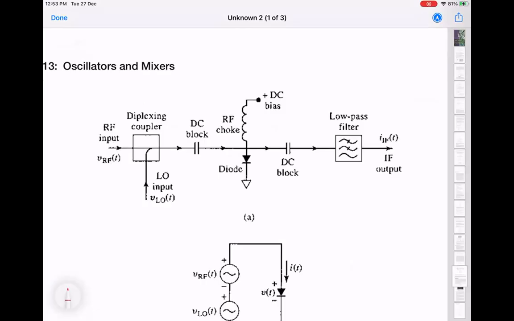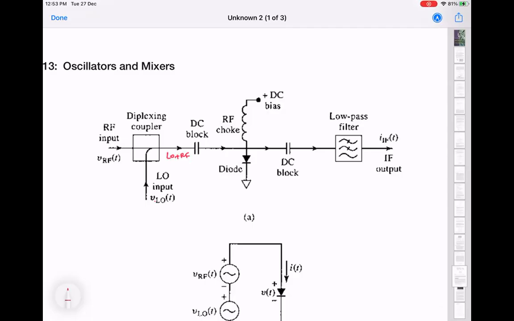First you have some kind of combiner. In fact, here it is drawn as a coupler, like a directional coupler, which is combining the RF and the LO into one signal. So these are now basically two frequencies propagating through at this output. At this point, you have LO and RF both propagating together.